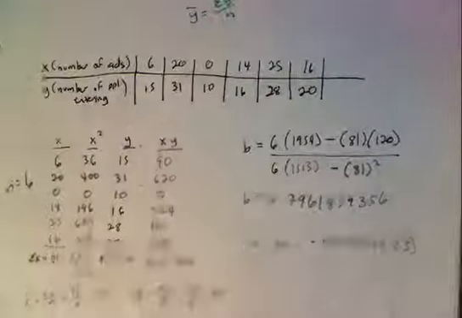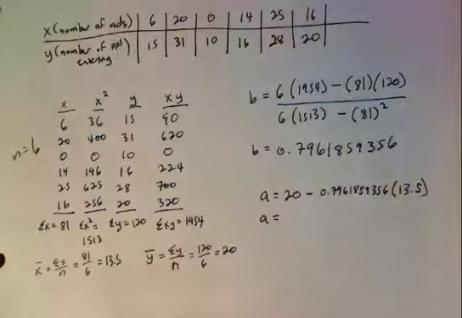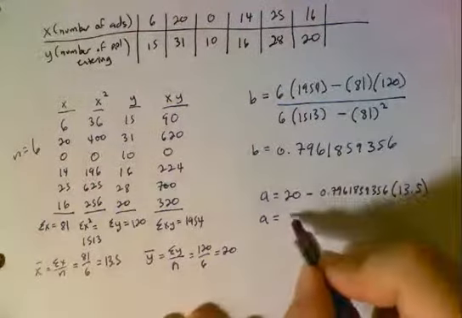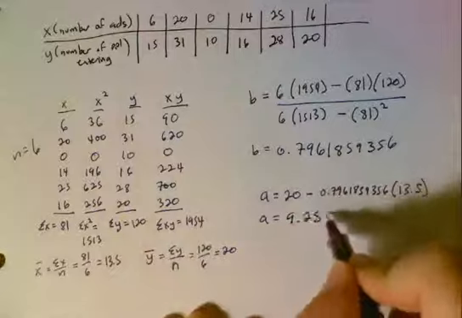I'm just using this equation right up here, plugging it in there. Okay, put that in, 0.79618599356 times 13.5, 9.251.